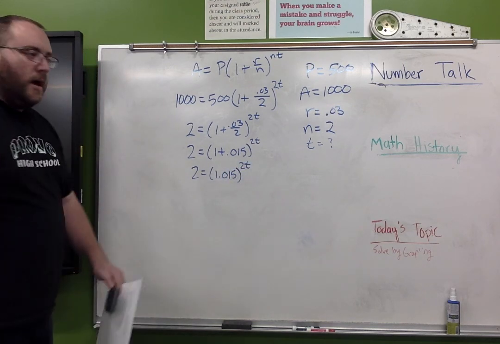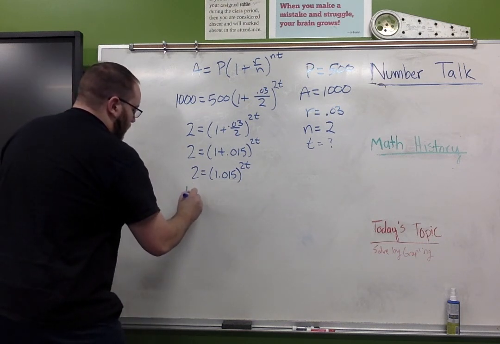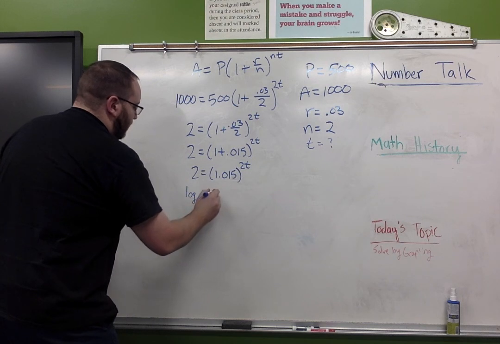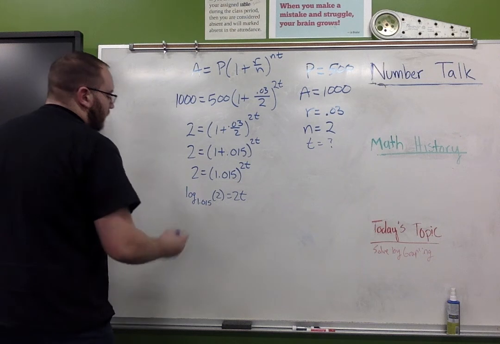Now I'm going to convert to my logarithm. So the base stays the same. Log base 1.015 of 2 is equal to 2 times t. Divide everything by 2.